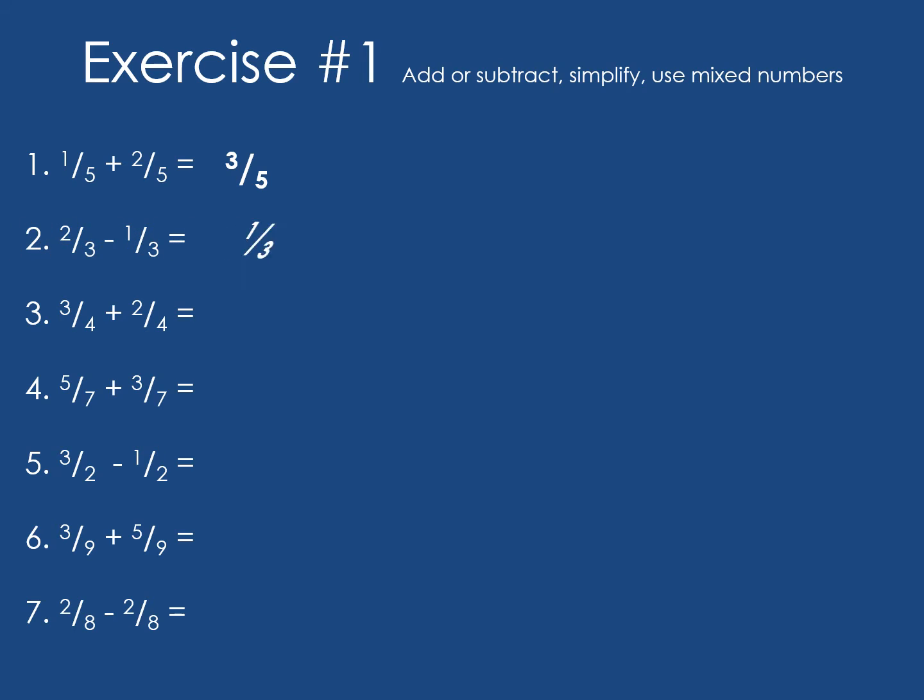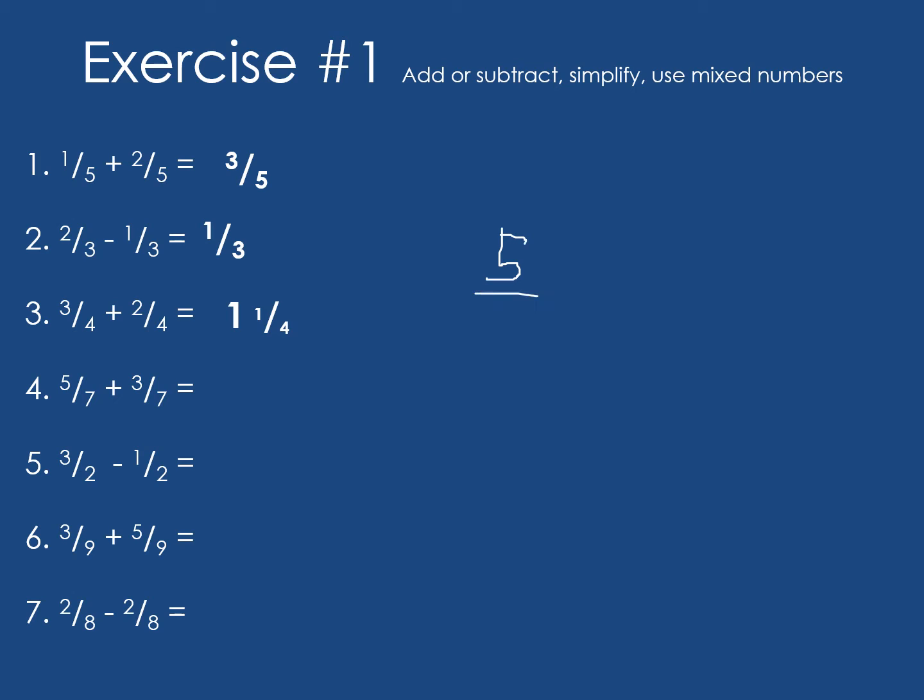What is your answer? Yes, of course, 1/3. 2 minus 1 is equal to 1. Then copy denominator 3. Okay, now 3/4 plus 2/4. The answer is 1 and 1/4. Why 1 and 1/4? What you will do now is 3 plus 2, that is 5.